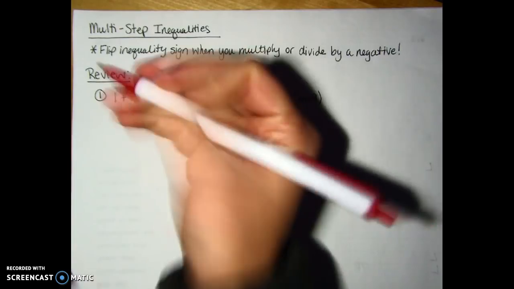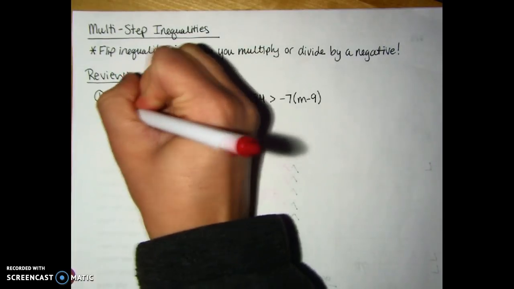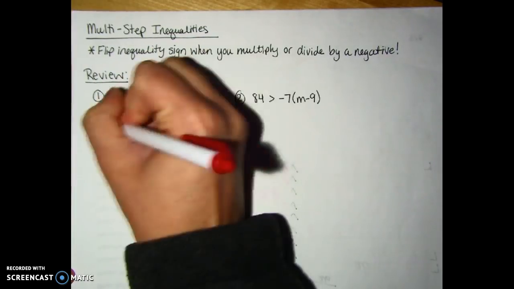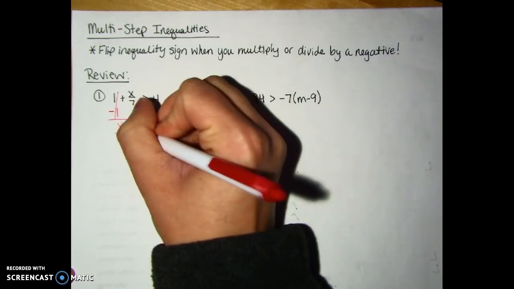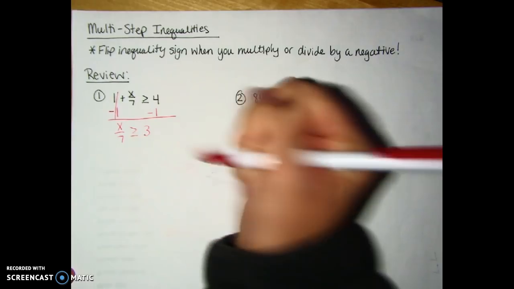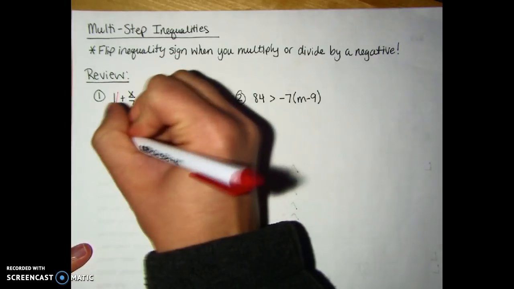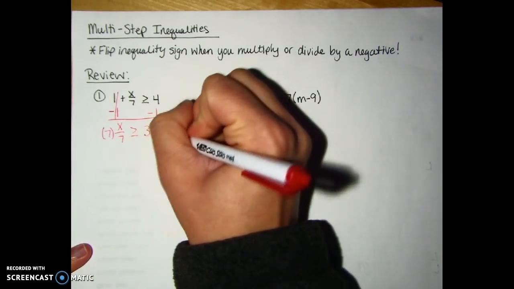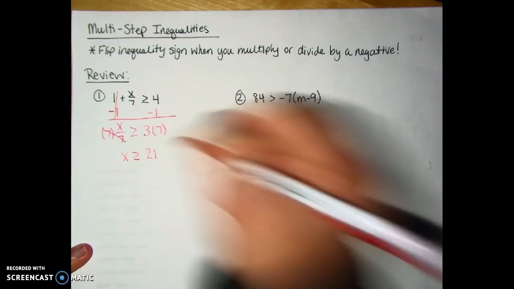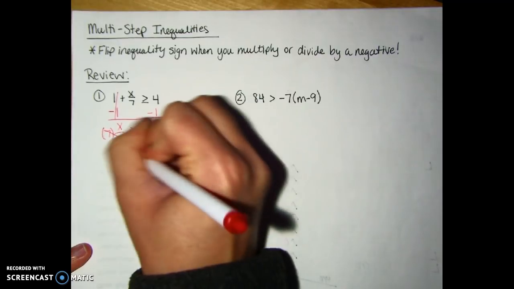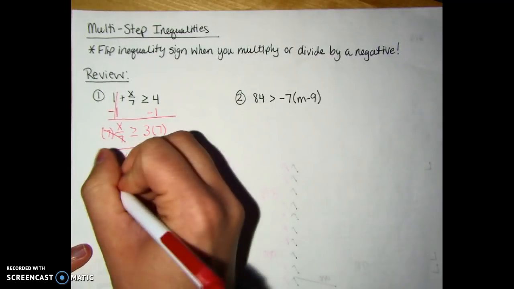Okay, for number 1, hopefully you subtracted 1 first. And that's x over 7 is greater than or equal to 3. Then multiply both sides by 7. X is greater than or equal to 21. I didn't tell you before, but go ahead and graph it.